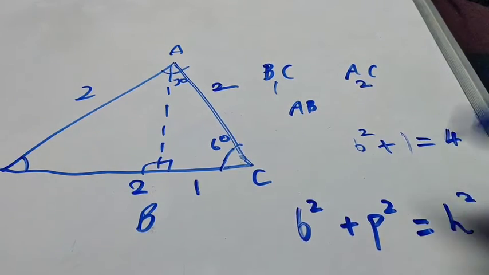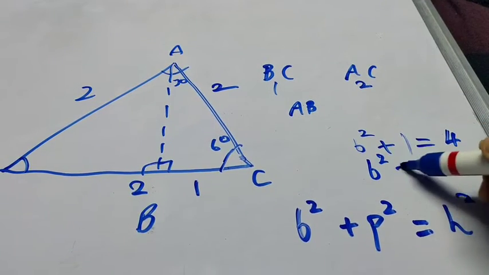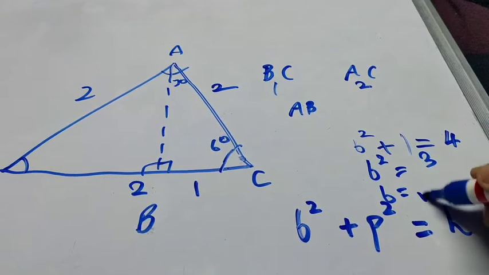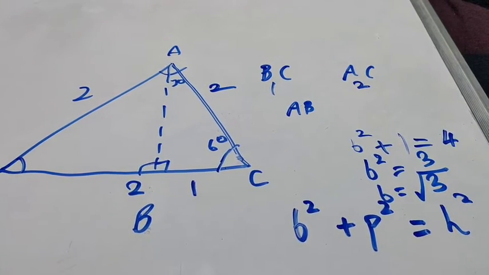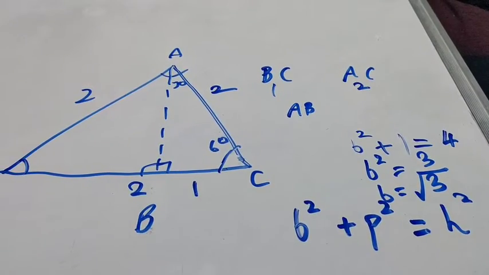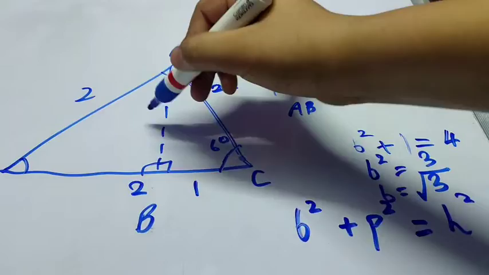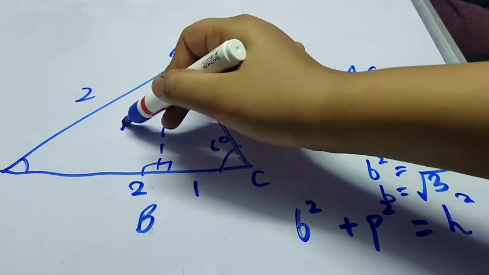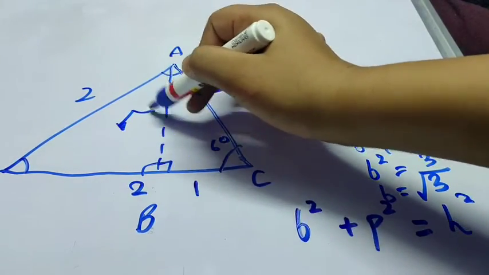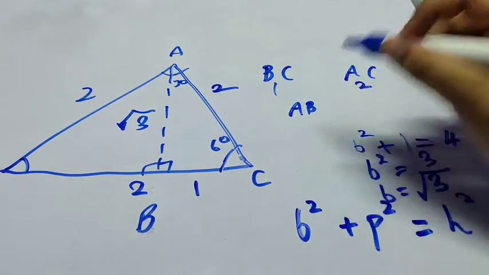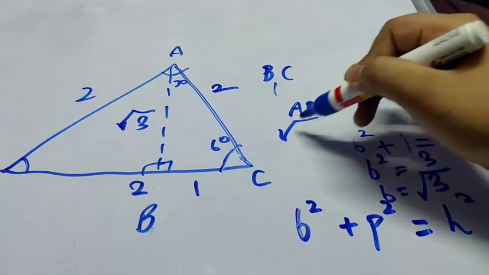If you shift this side, the b square will become 3, and the value of b will become root 3. So here what we have found out is that the value of AB is root 3.